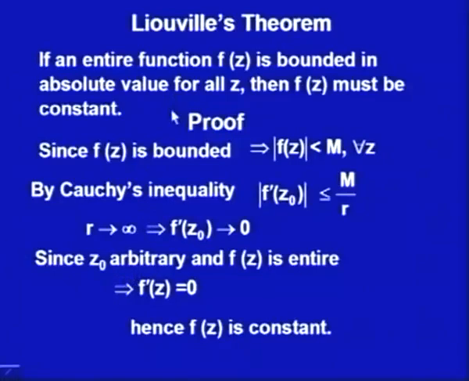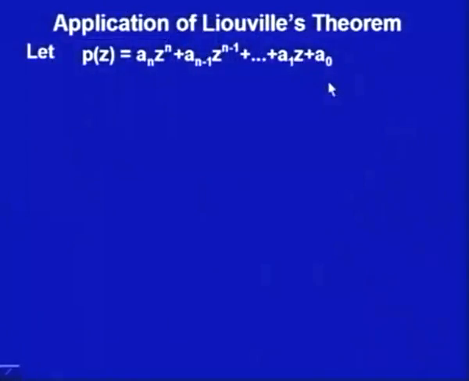What this theorem is saying, I can use in a very nice result. Let us see. I have a polynomial of degree n. Let us write this polynomial as a_n z^n plus a_{n-1} z^{n-1} and so on, plus a_1 z plus a_0.